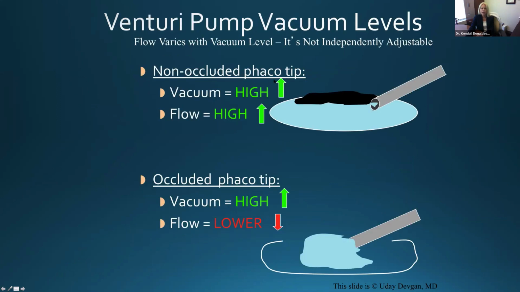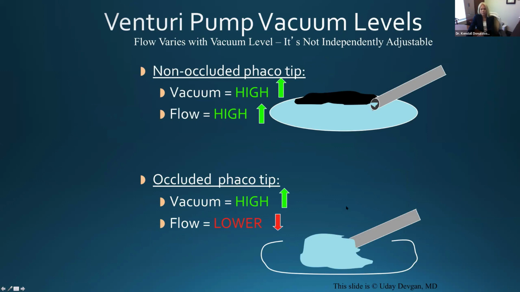Here you can see a non-occluded phaco tip. The vacuum is still high, so the followability is actually very good. With an occluded phaco tip, again, the vacuum stays high, but the fluid can't get in, so the fluid is lower.